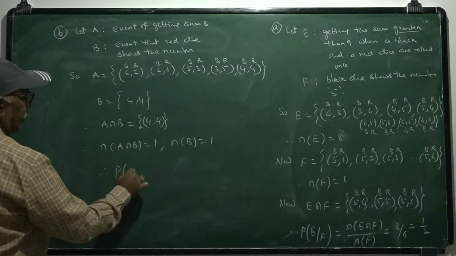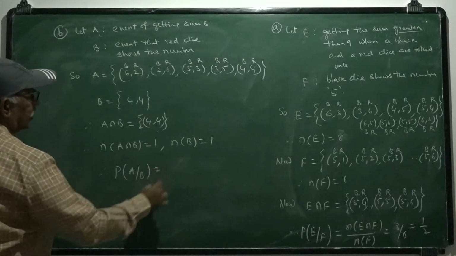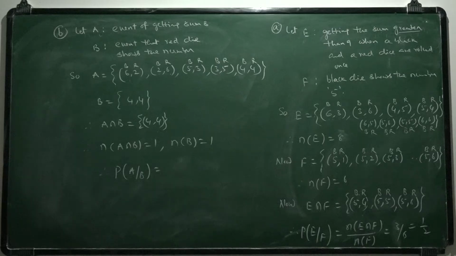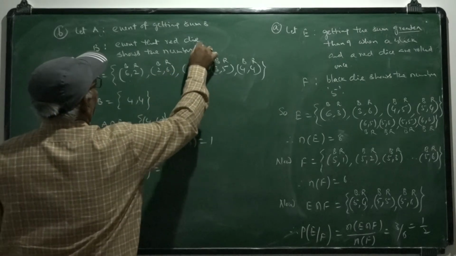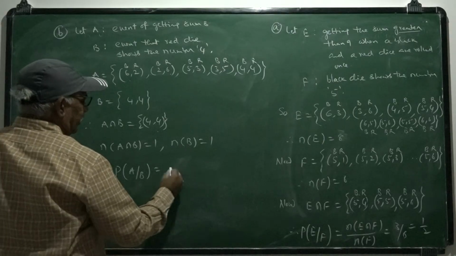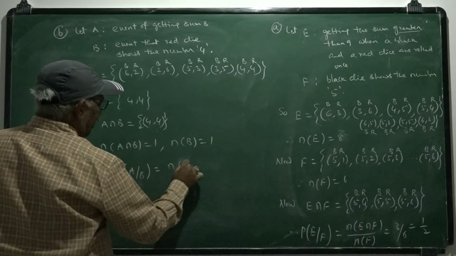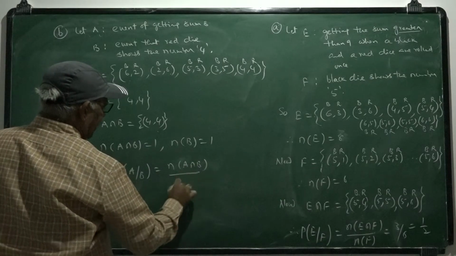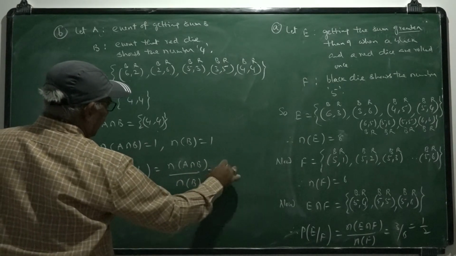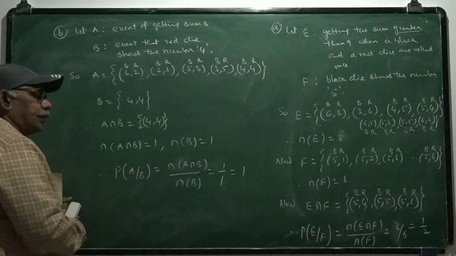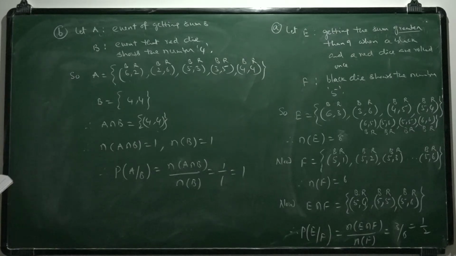So the conditional probability of A on the occurrence of B is N of A intersection B by N of B, that is 1 by 1. The required value is 1.